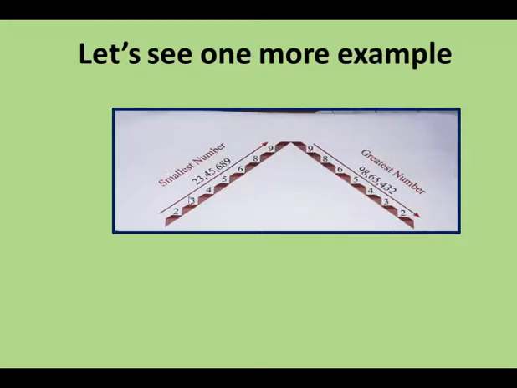It is a simple way to understand how to make the smallest and greatest number using the given digits. We have taken a continuous series, 2, 3, 4, 5, 6, 8, 9, written in ascending order, and in the same way 9, 8, 6, 5, 4, 3, 2 is descending order, which gives us the greatest number out of the given digits.